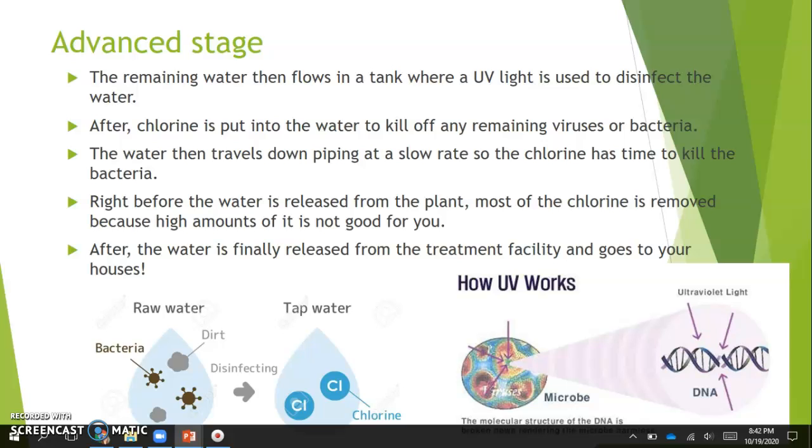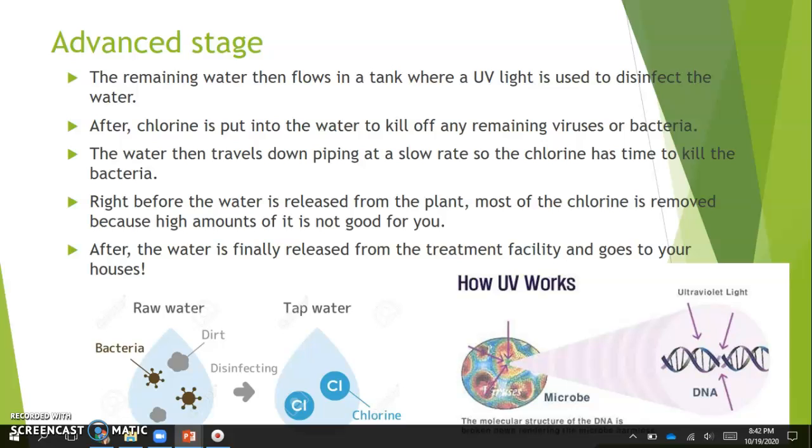So then the water will travel down pipes and it'll be at a slow rate so the chlorine has time to kill the bacteria. So it's added and it's sent on its way, and then it goes very slowly so the chlorine can do its job. So right before the water is released from the plant, most of the chlorine is removed because high amounts of it is not good for you.